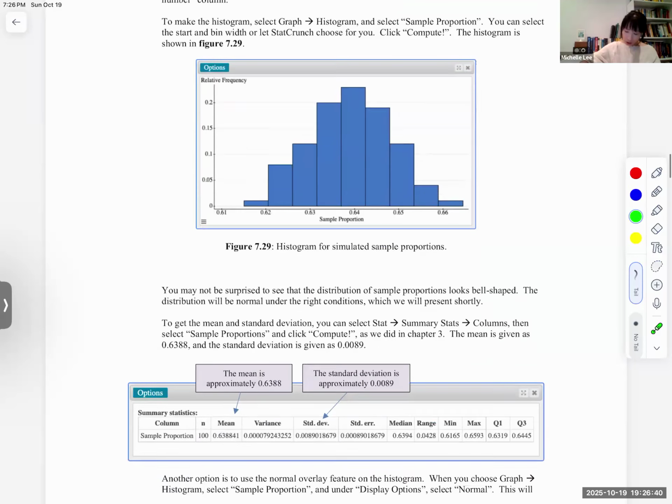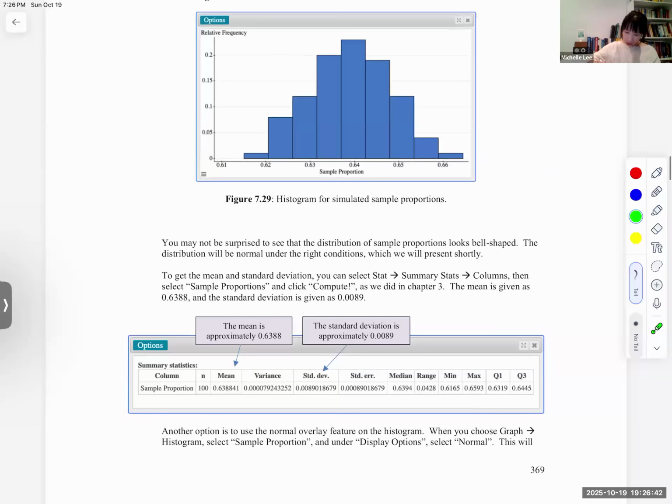Now the mean. We have 0.6388 for the sample proportion. We have 100 sample proportions, and their mean is 0.6388. The standard deviation is 0.0089.